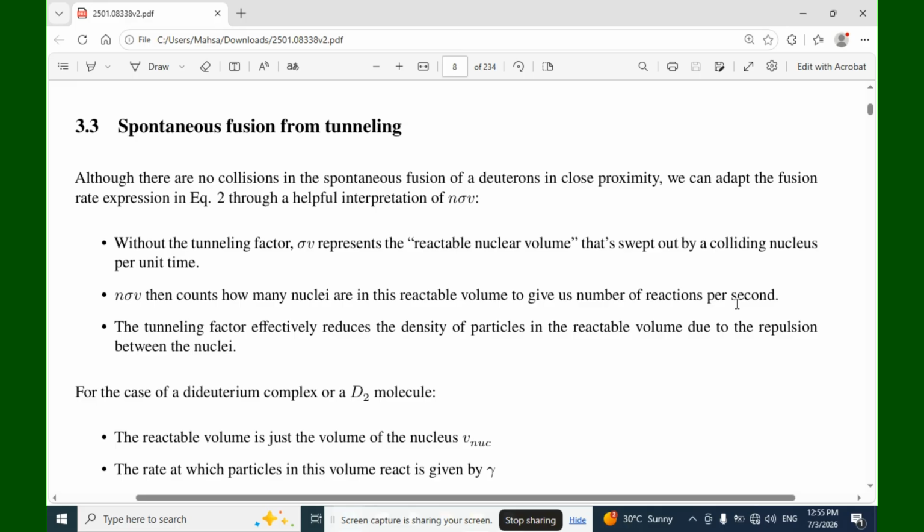Chapter 3.3, Spontaneous fusion from tunneling. Although there are no collisions in a spontaneous fusion of deuterium in close proximity, we can adapt the fusion rate expressions in equation 2 through a helpful interpretation of nσν without the tunneling factor. σν represents the reactable nuclear volume that's swept out by a colliding nucleus per unit time, and n then counts how many nuclei are in this reactable volume to give us the number of reactions per second.